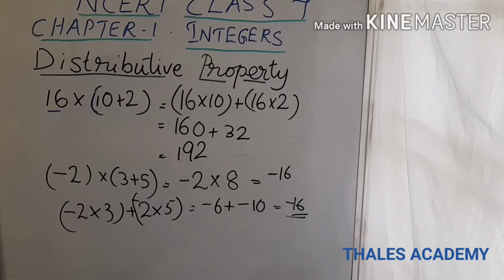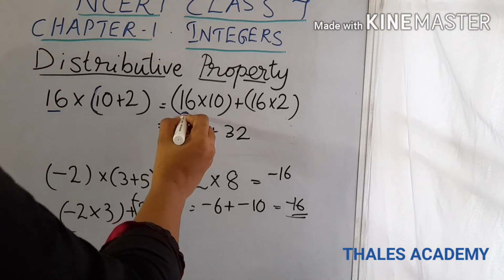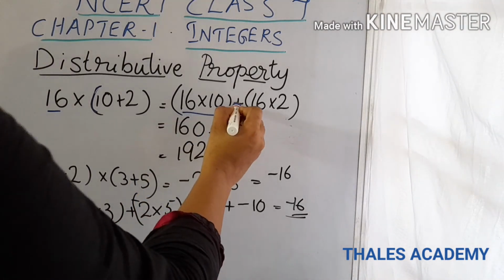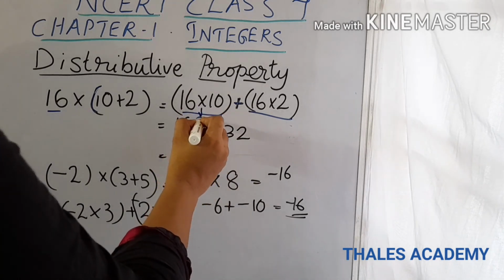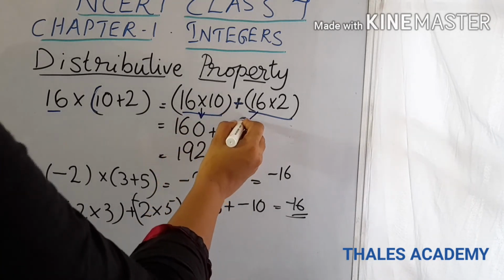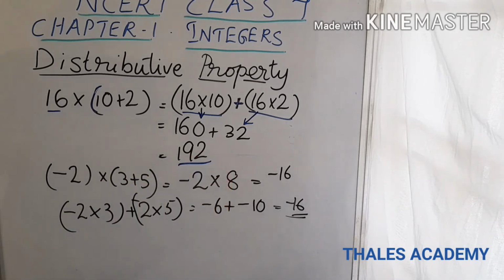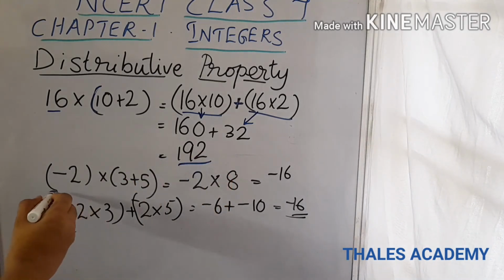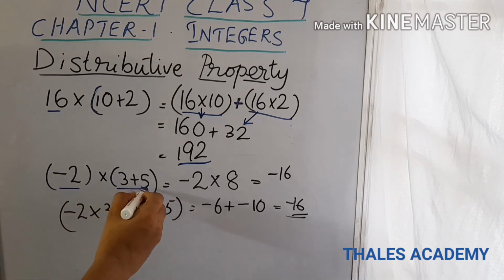Distributive property of multiplication. 16 into 10 plus 2. We can write it as 16 into 10 plus 16 into 2. We get the answer 160 plus 32. The final answer is 192. Here is another example. Minus 2 into 3 plus 5.